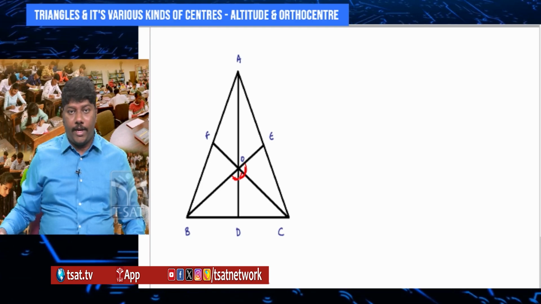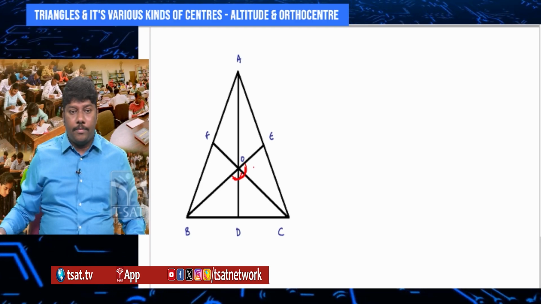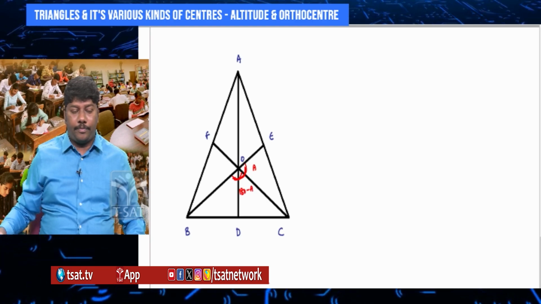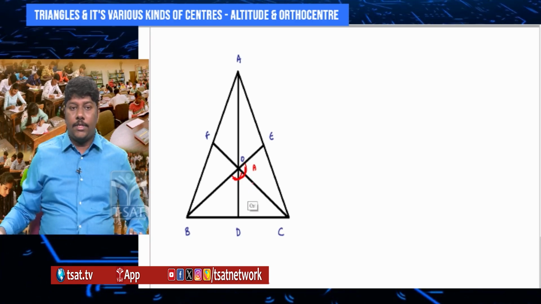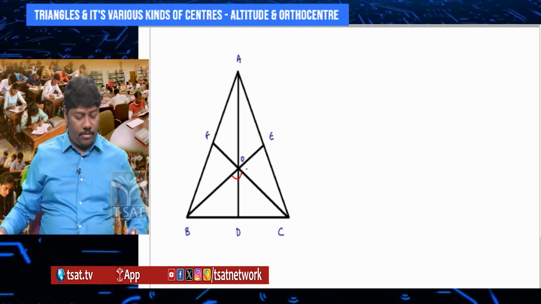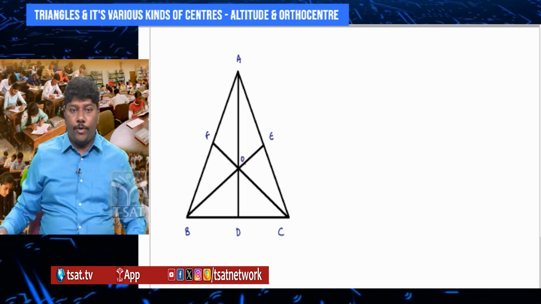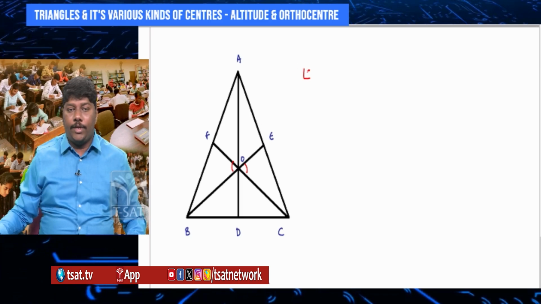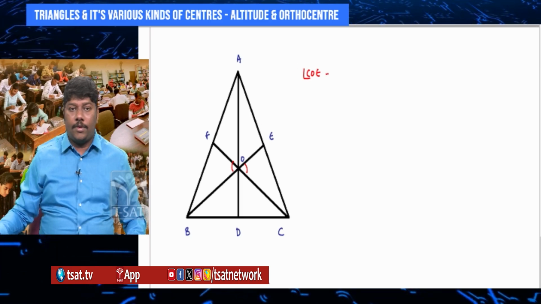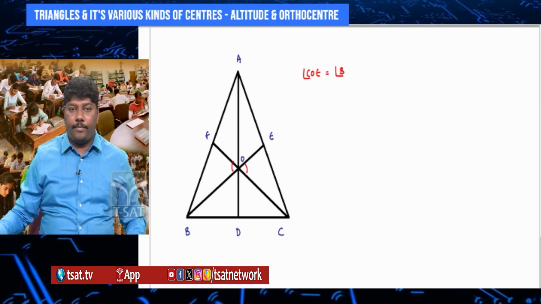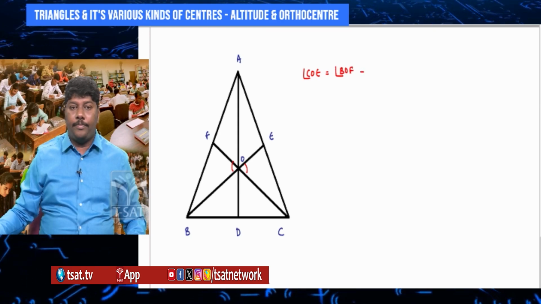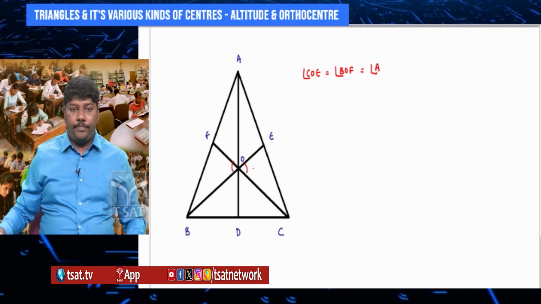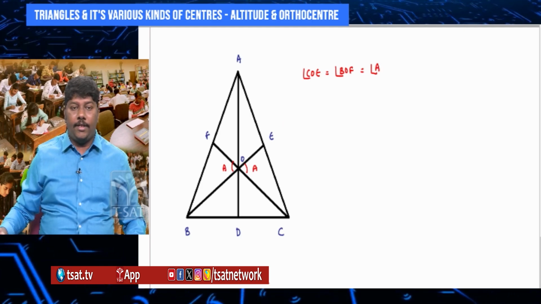In order to make it 180, you have to put the value A here because this is 180 minus A. So, angle COE and angle BOF both of them become angle A. In the same manner, this is angle A and this is angle A.